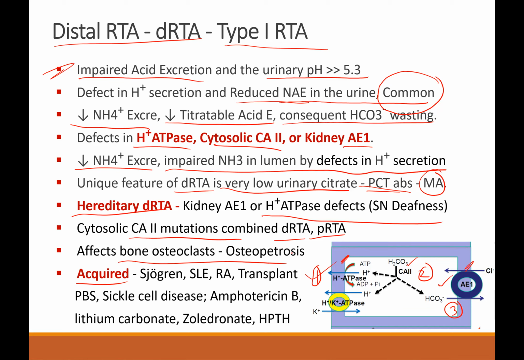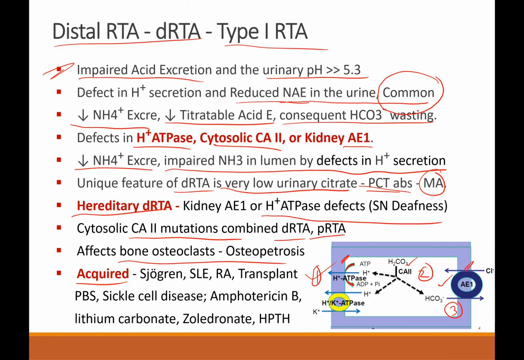Acquired causes are Sjogren syndrome, systemic lupus erythematosus, rheumatoid arthritis, transplant kidney, primary biliary sclerosis, sickle cell disease, drugs like amphotericin B, lithium carbonate, zoledronate, which uses bisphosphonate for treating bone disorders, or hereditary hyperparathyroidism.